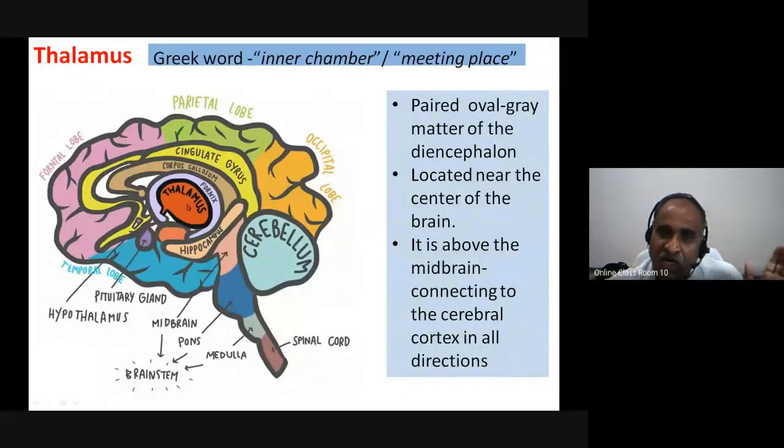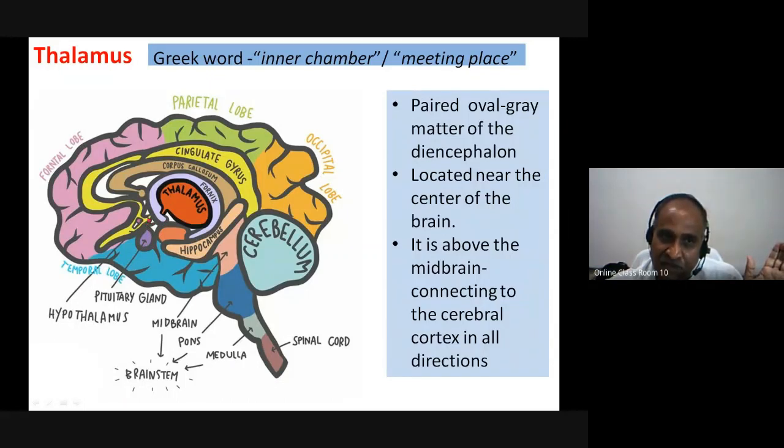And the diencephalic structures include thalamus, epithalamus, subthalamus, and hypothalamus. So now you have all those structures. Maybe here is the hypothalamus and the pituitary gland here.